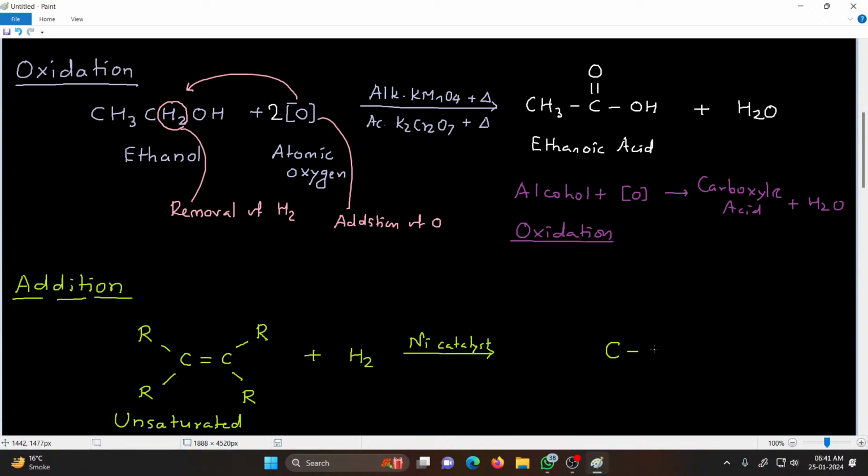So when double bond is converted into single bond, one valency of carbon is unfulfilled, which is fulfilled by the hydrogen, like this, and the remaining alkyl radicals are intact, they do not change, but only this double bond is converted into single bond and two hydrogens are added to this.